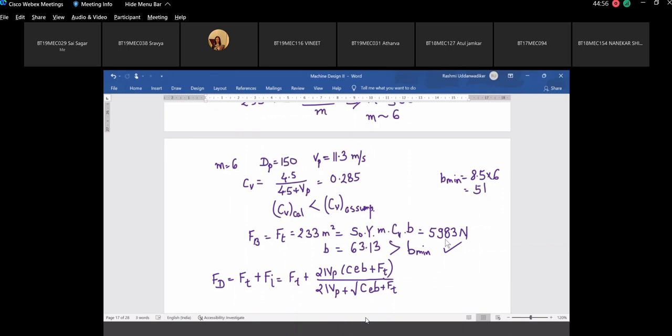So your FT and FB, this is 5983. This is known. What is C? Table 16.4. For 20-degree full depth, the materials that we have used are steel and grey cast iron. So what is the value of C?